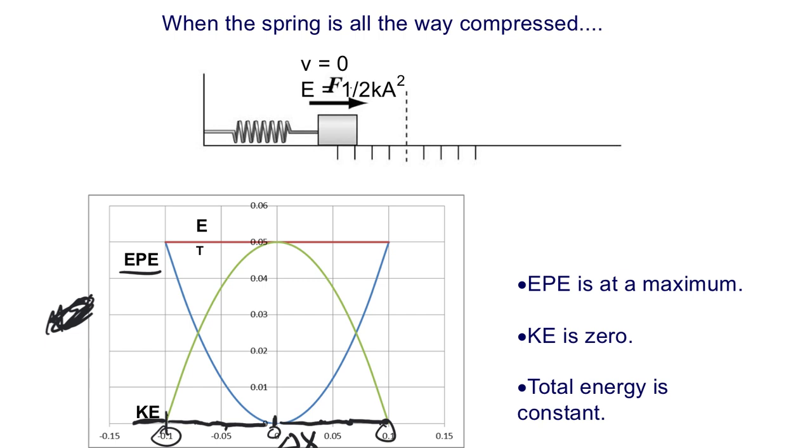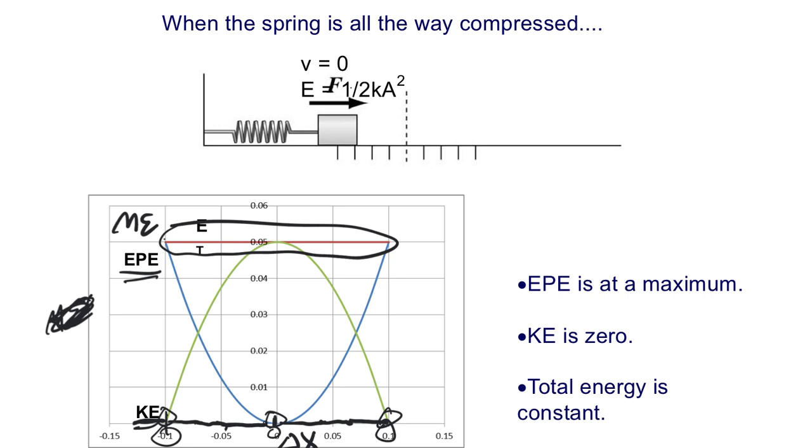So this red line right here, that's mechanical energy. Mechanical energy staying constant. Okay, that's why it's horizontal. But the green line is kinetic energy, which is 0 at the amplitudes, but maximum at the equilibrium position, which is 0 delta x. And vice versa for the blue line, which is EPE.